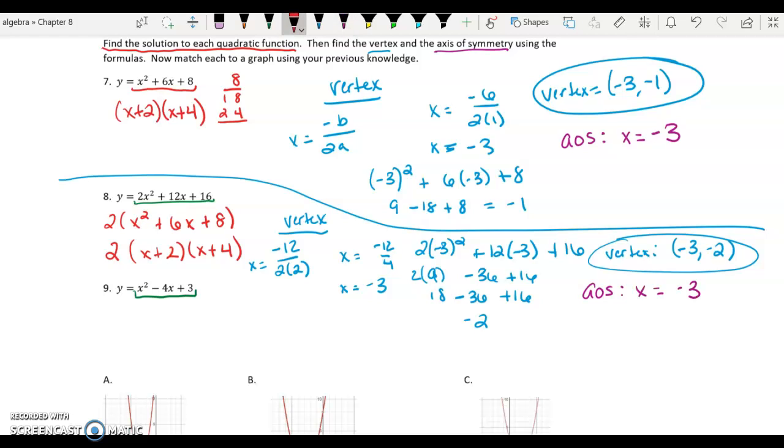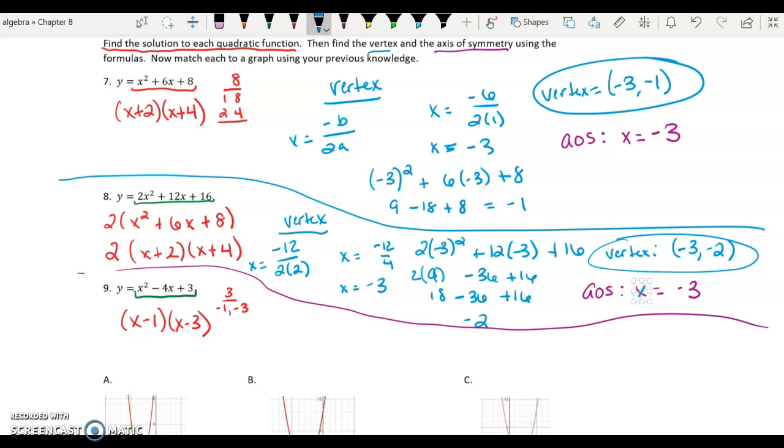Okay, last one. What can I multiply to get 3 but add up to negative 4? If you change it to negatives, you see that it is minus 1 and minus 3, so we factored it. Now we're going to do our vertex. You get negative 4 over 2 times 1, which is 4 over 2, which is 2, so that's my x value.